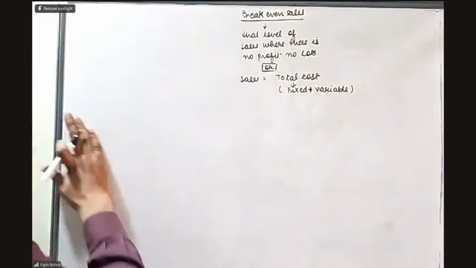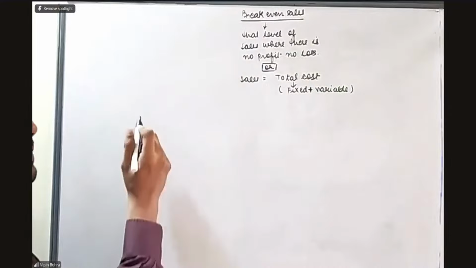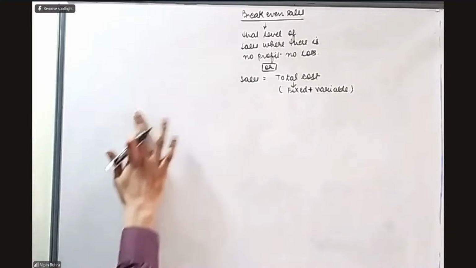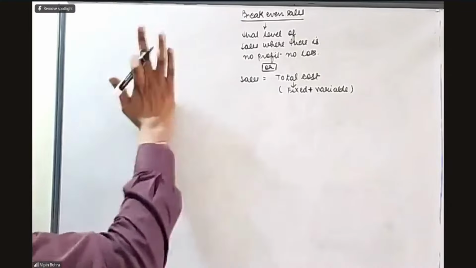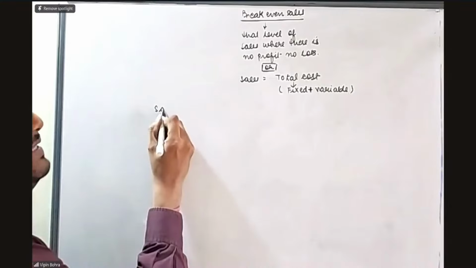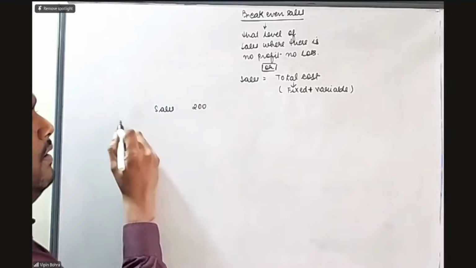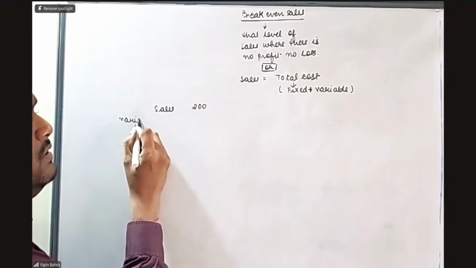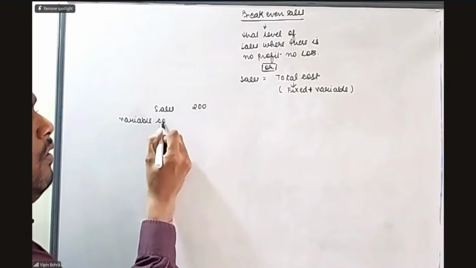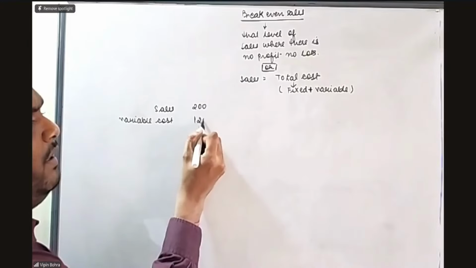Let me discuss this concept with the help of a practical problem. Let's say my sales is 200. My variable cost is 120.